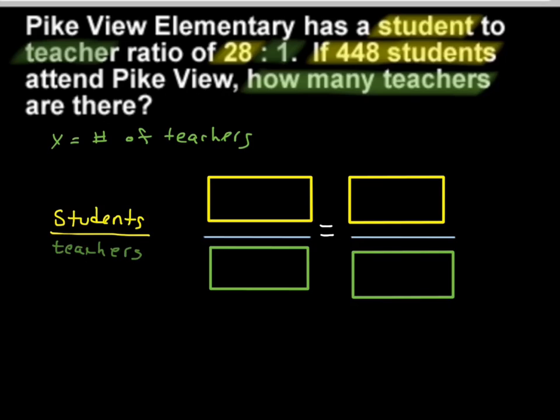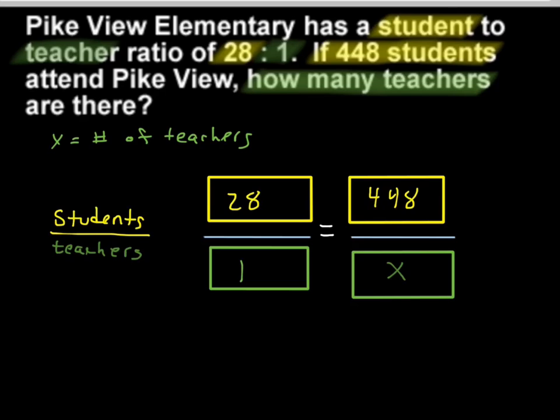I've color-coded this for you. So 28 over how many teachers? To 1 equal to what over what? 448 over what we're looking for, x.